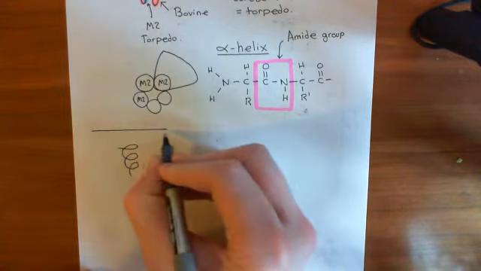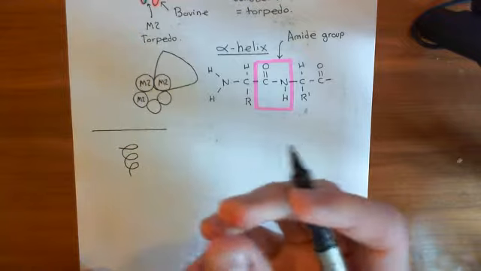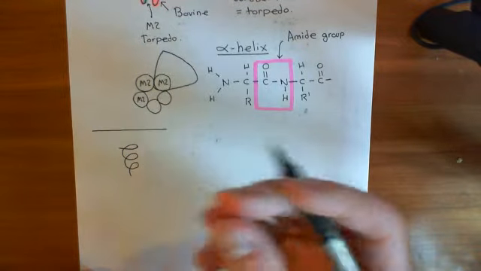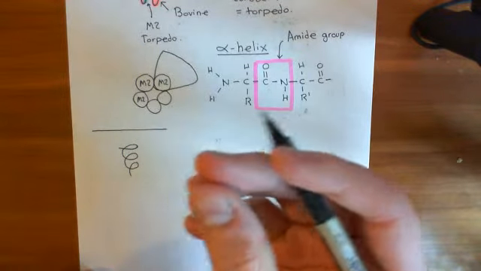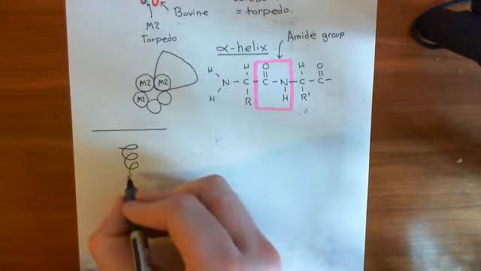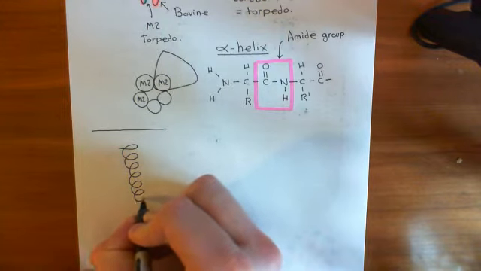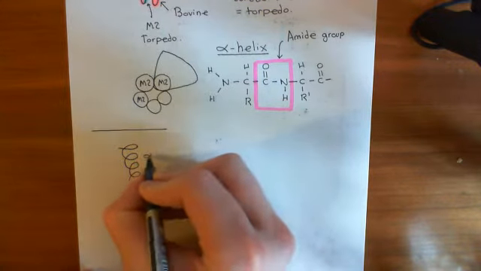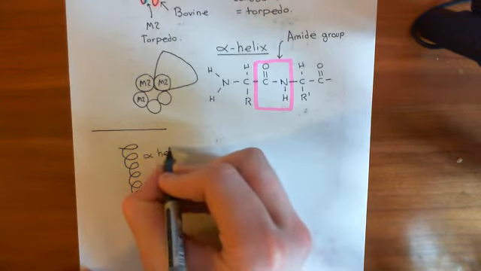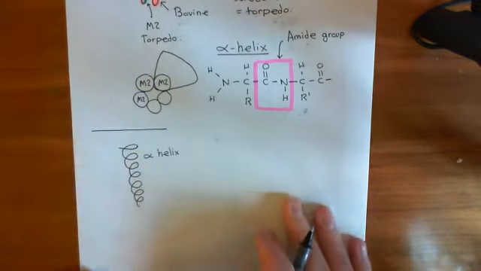So the linear polypeptide is the equivalent of a piece of metal, maybe like a paperclip once you've unfolded it, whereas this is like a spring, so it's a piece of metal in that spring-like structure, and this is what's known as an alpha helix. So polypeptides can wind around one another like this in an alpha helix.